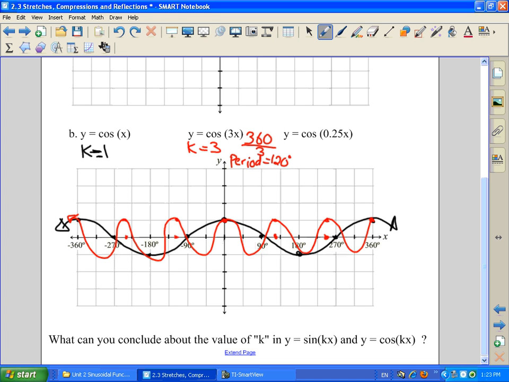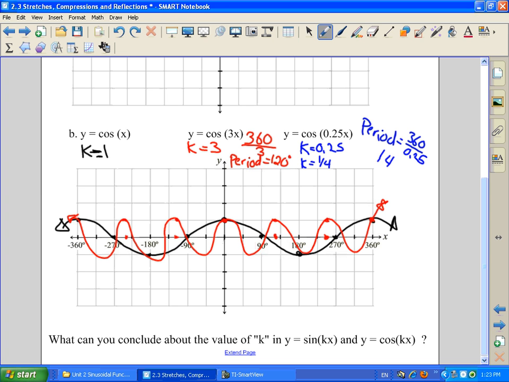Okay. All right. Let's try the last one. y equals cos of 0.25x. So k equals 0.25 or k equals 1 over 4. If you put in a period equals 360 divided by 0.25, that's going to be a lot.